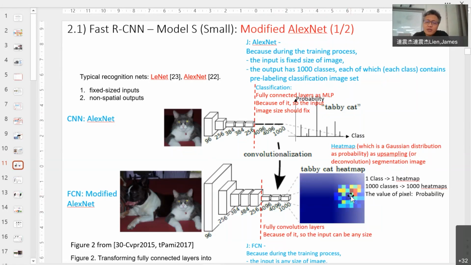The good thing about convolution is that you can find the position of your class, but only roughly. You know the center position of the object, because the center is the peak of the Gaussian distribution, but you don't know the exact boundary. So this is a modified AlexNet.